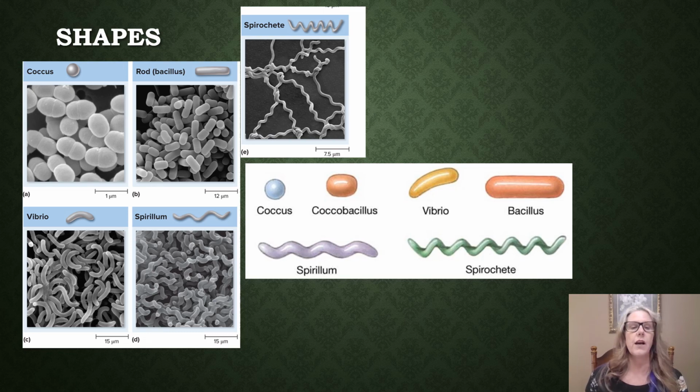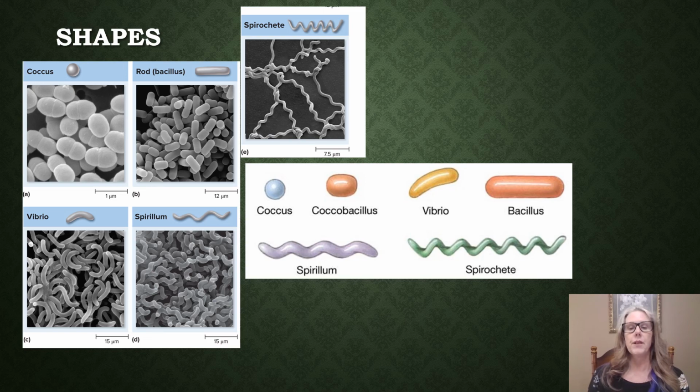So those kind of look like commas to me. There are Spirillum. Spirillum is a curved rod, and it's long enough to form these little spirals. Then we have one that's called a spirochete. Spirochetes are usually long, they have a flexible cell wall, and those are the spiral ones.